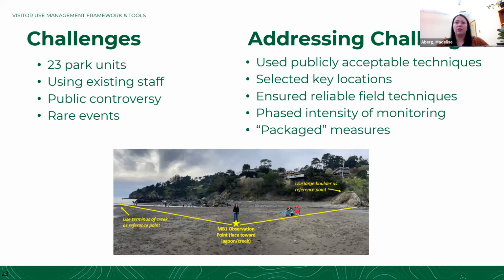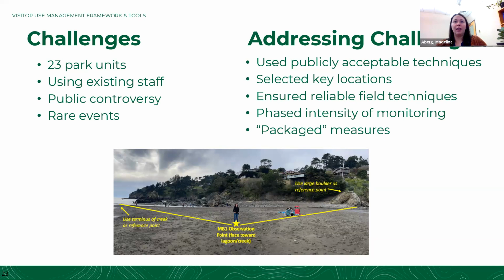The first was to carefully select potential measures based on resources and feasibility, as well as reliability. They ensured that publicly acceptable techniques were used. For example, cameras were considered to monitor some of those less frequent events, but that was dismissed because of privacy concerns.